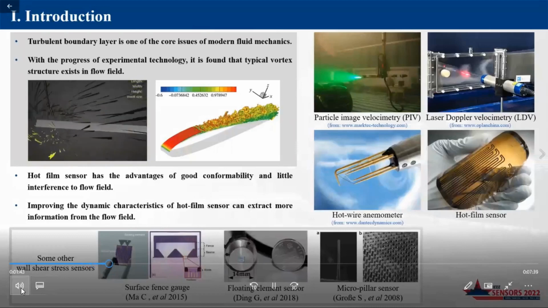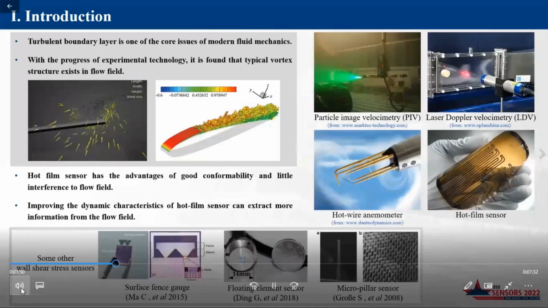Despite significant progress in turbulence measurements using particle image velocimetry (PIV) and laser Doppler velocimetry (LDV) in recent years, hot wires and hot films remain the main devices for measuring energy spectrum and energy dissipation in turbulence measurements in gas flow because of their high spatial resolution and response.